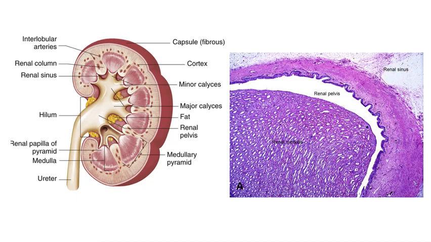So up in the renal pelvis we can see that there is this direct relationship between the renal parenchymal tissue and the renal medulla, delivering urine right into that urothelial lined renal pelvis.